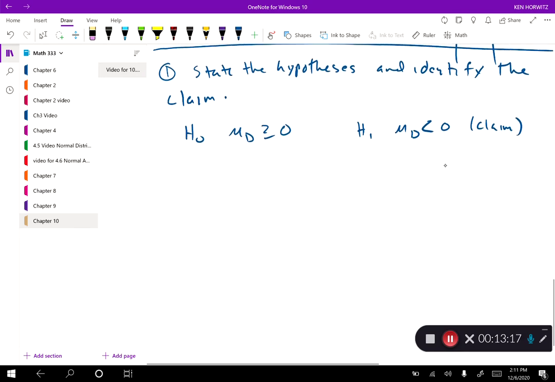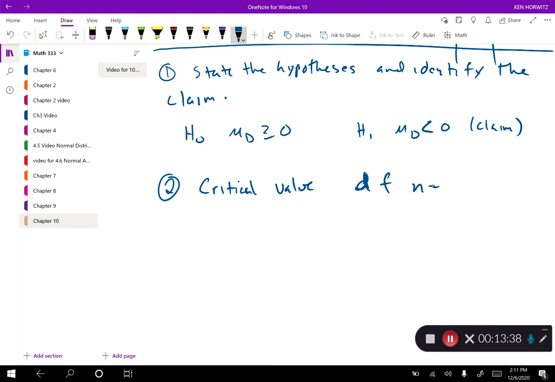So the next thing I want to do is find my critical value, because we do need a critical value. For my critical value, I have my degrees of freedom, which is going to be n minus 1, or 8 minus 1, which is 7.